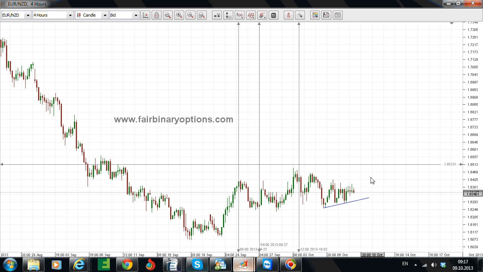Providing this line holds here, then it implies that the E wave of the triangle would be done somewhere around here. So this is A, B, C, X, and then A, B, C, D, and E. And let's make also the upper side of the contracting triangle here, like this.